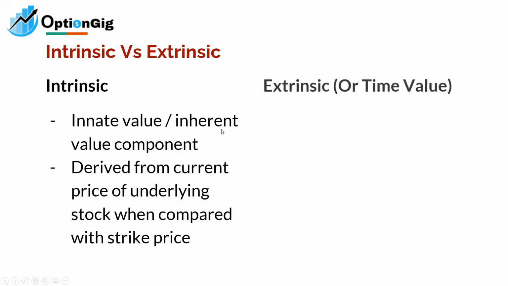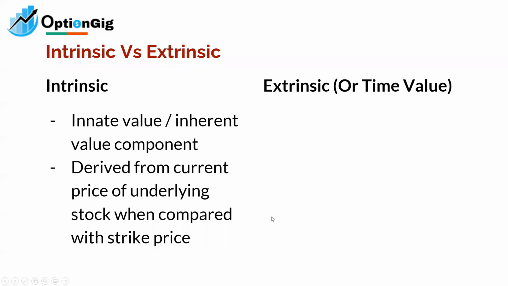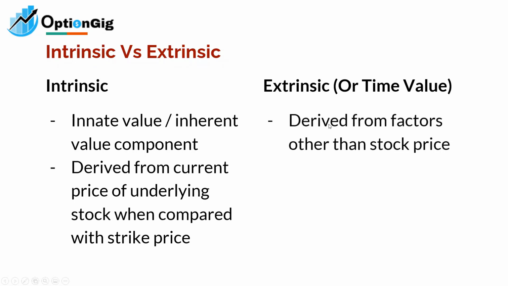Like I talked about in the case of Facebook, the current price is $333.68, and I'm trying to sell a put at a strike price of 350. So the relationship between 333.68 and 350 will determine my intrinsic value. Everything else, the remaining portion of your option price, is extrinsic or time value. And that is derived from factors other than the price of the underlying stock.